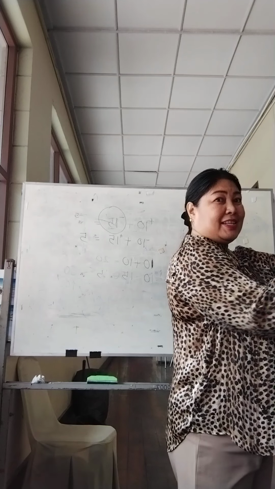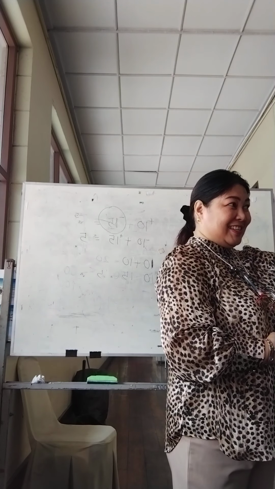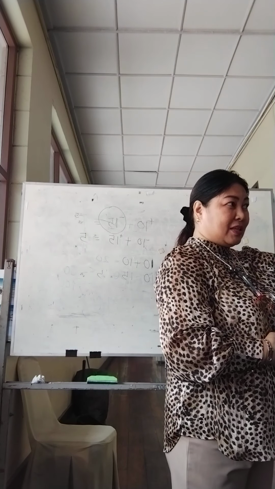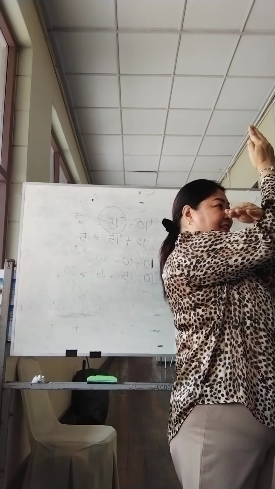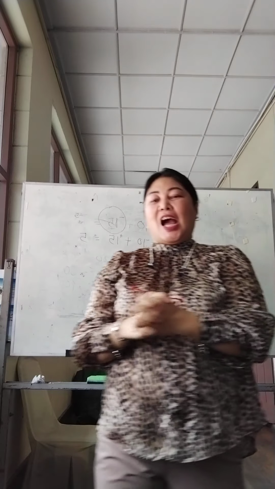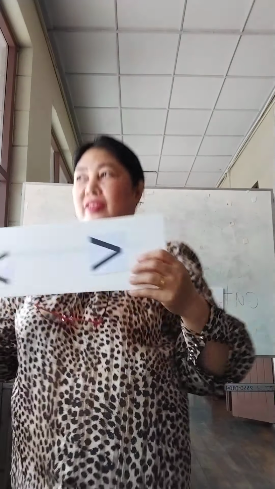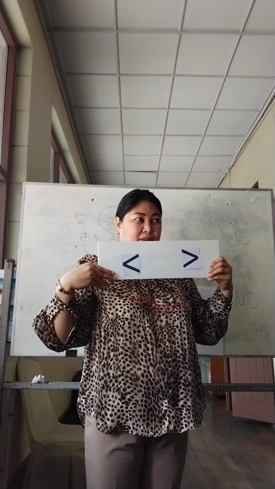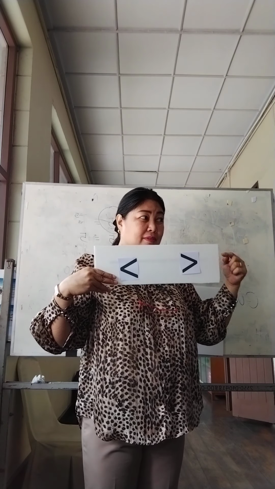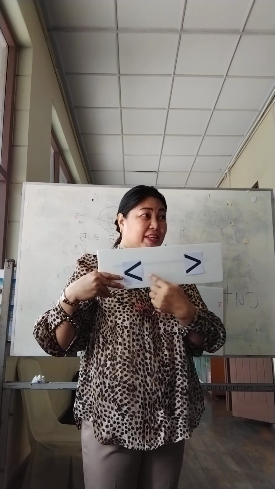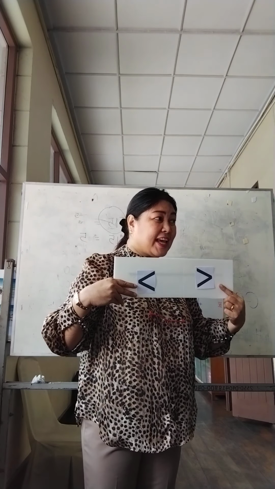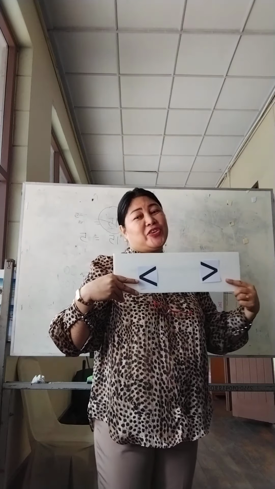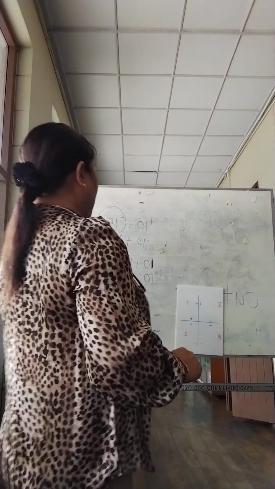Addition, subtraction, multiplication, division. Okay, very good. How about this one? You remember one, so that you can identify which letter is less than? Letter L. Very good. Okay, how about in these examples?